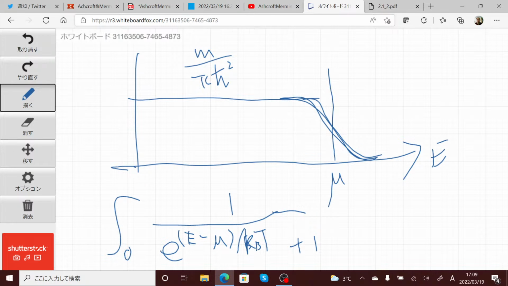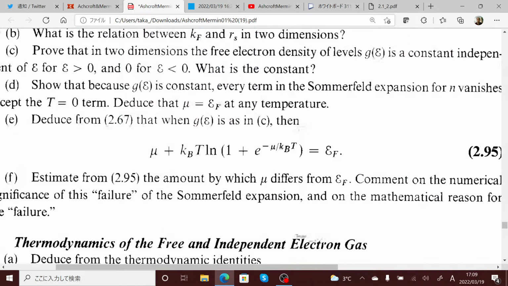So we integrate from 0 to plus infinity, e dE. So the question is how we make this integration. Do we use any approximations?